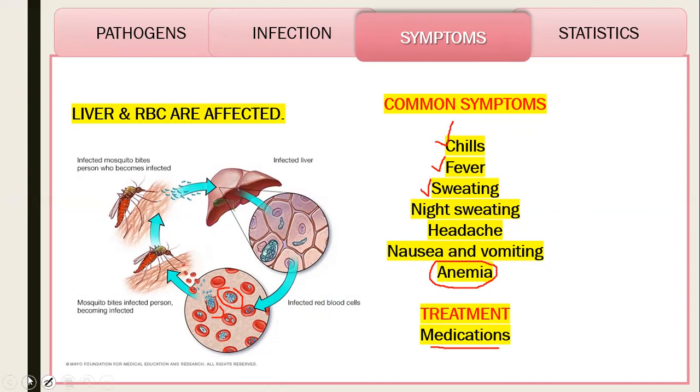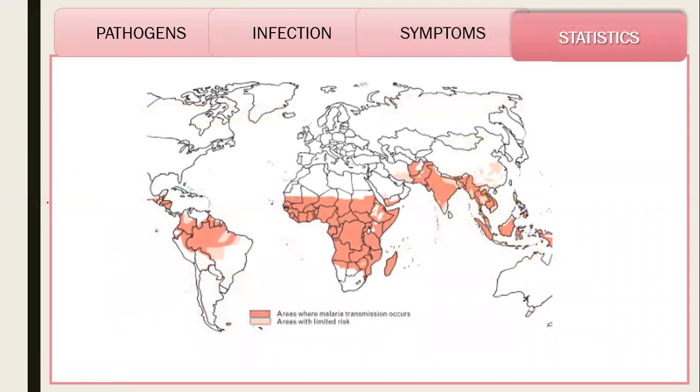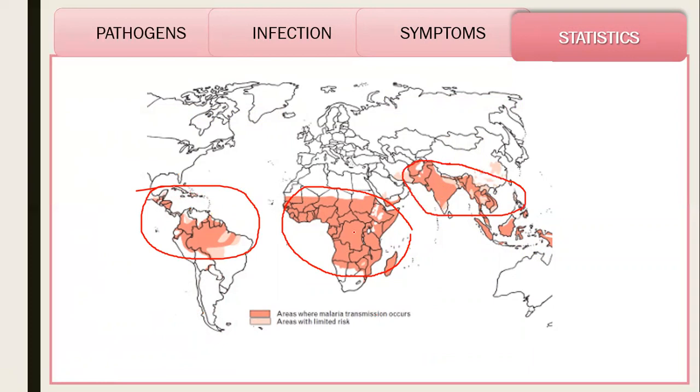Okay, so what are the statistics? We said that it's an endemic disease, and like cholera, we can see the same countries: South African countries, some of the African countries, and we can see some Asian countries. The bold red color shows the areas where malaria transmission occurs, and light red colors show areas with a limited risk, not much, but there can be.